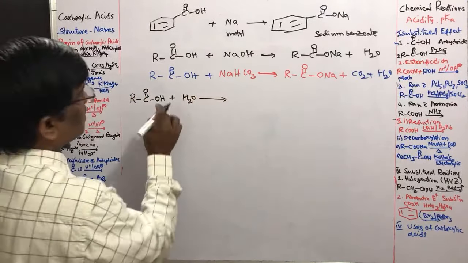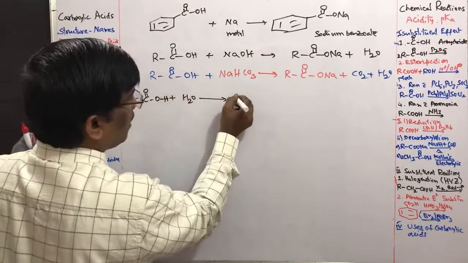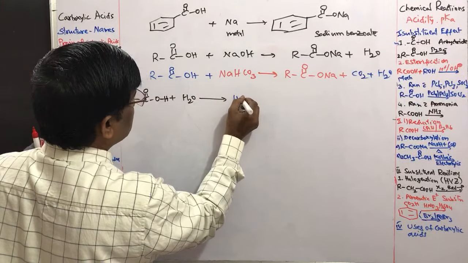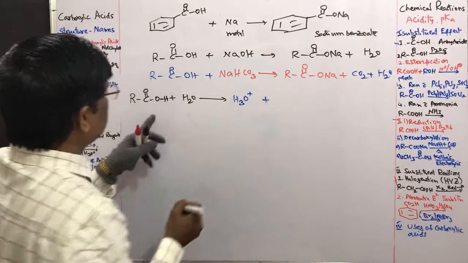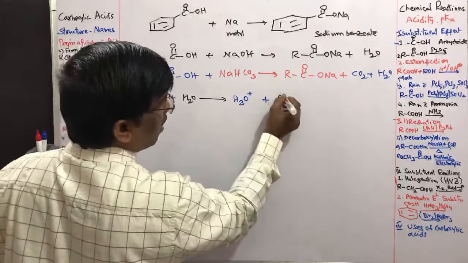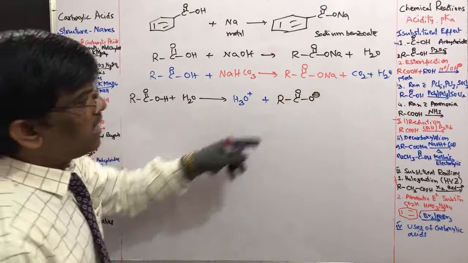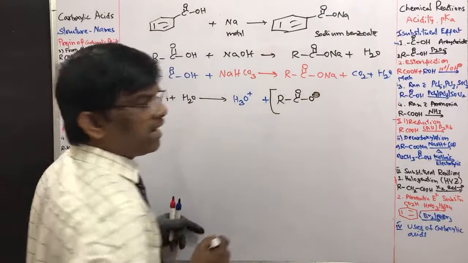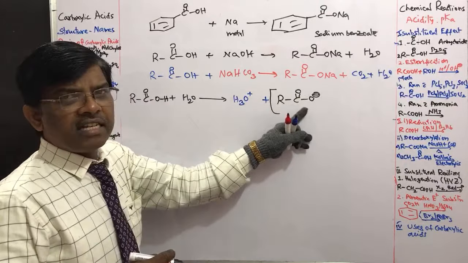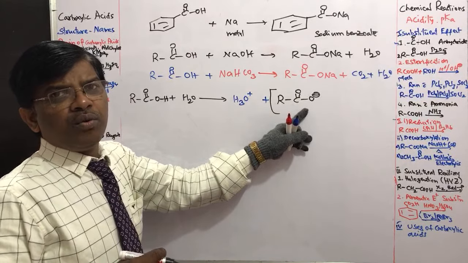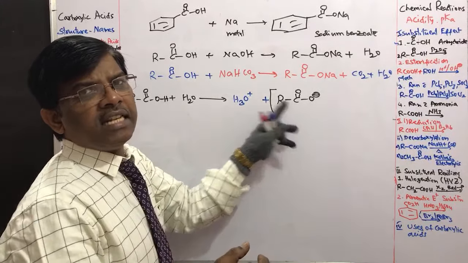It loses H plus ions to water to give H3O plus, and this is the carboxylate anion, which is resonantly stabilized. Why does it lose hydrogen even to water? Because the anion is resonantly stabilized. Since it is losing hydrogen, it becomes stable. It loses H plus ions easily to water.